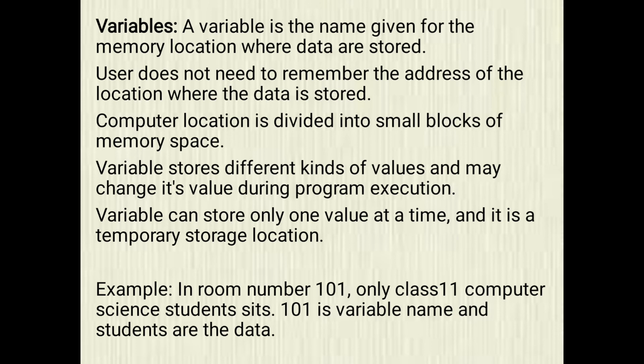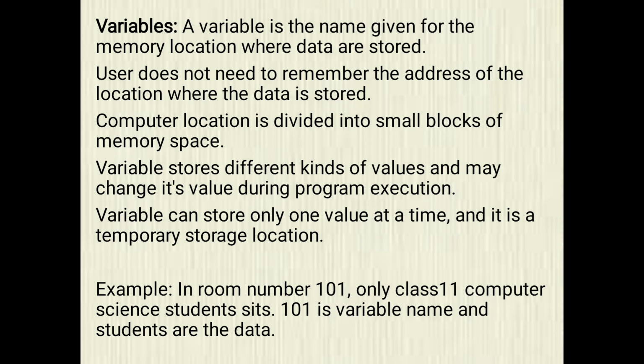So in a variable, you can change the value during the program execution, which suggests that it is a temporary storage location. A variable can store only one data at a time. Sum can store only one value, suppose like 100. It cannot store two values, that is 100 and 200. It can store only one value.